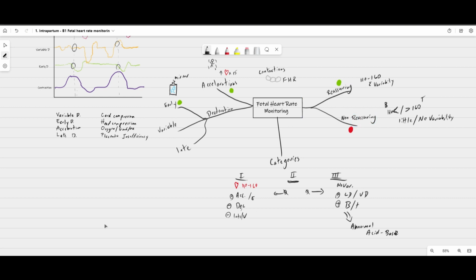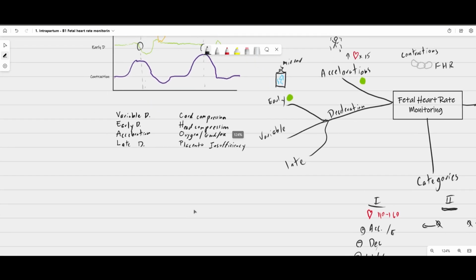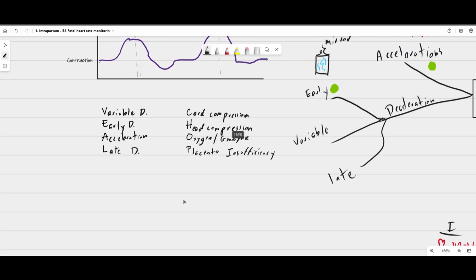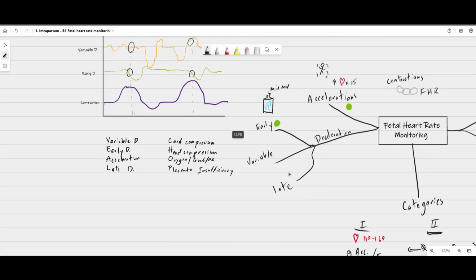We have 3 categories. And the big one that we're going to remember, because you're likely going to get a question that's going to look somewhere in this acronym here, VEAL CHOP. So variable decels are cord compression, early decels, head compression, accelerations or oxygenations, good. So it's a good status, and late decelerations or some type of placenta insufficiency.